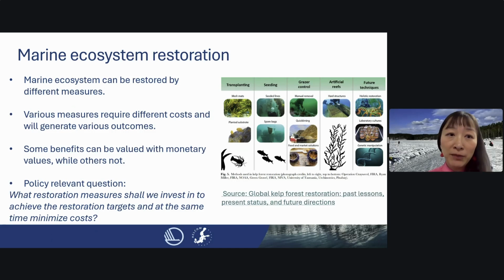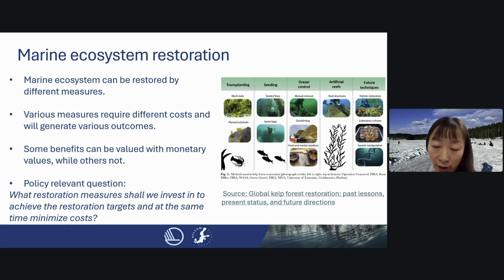Yeah, and also we know that the cost is high, so what should we do when we have different scenarios, different measures in front of us for restoration with different costs? We know that marine ecosystems can be restored by different measures.